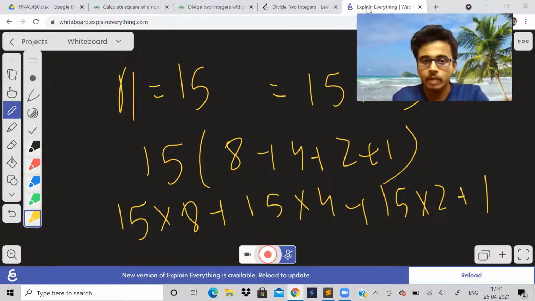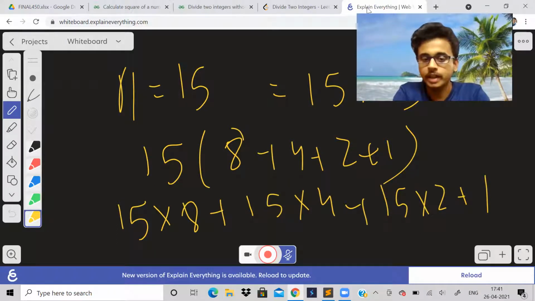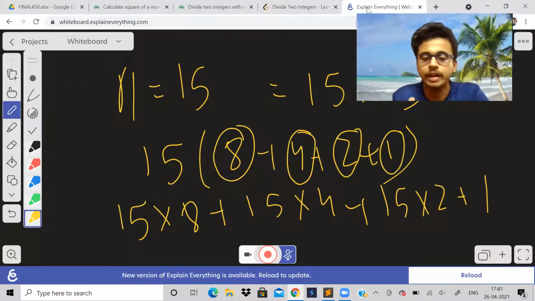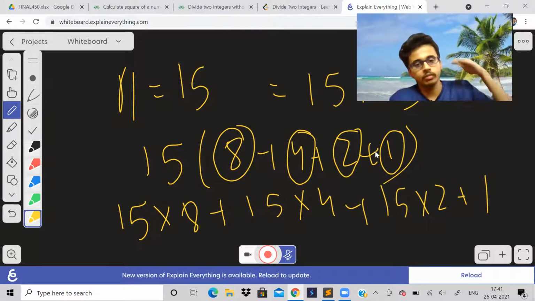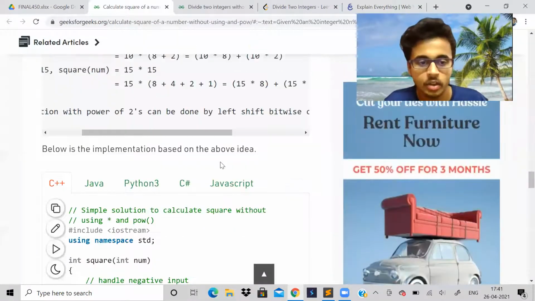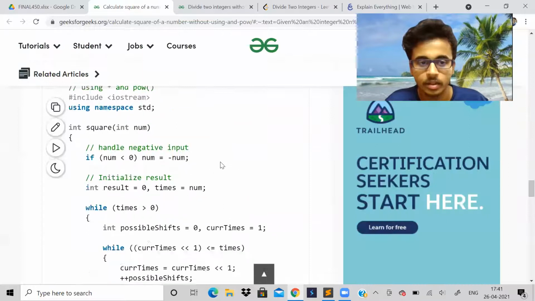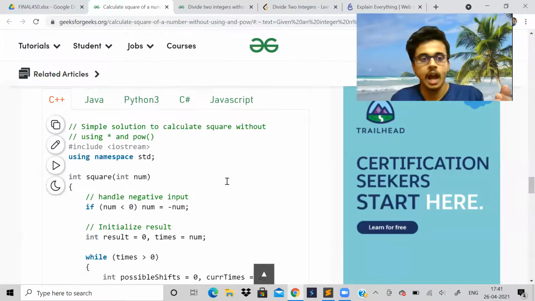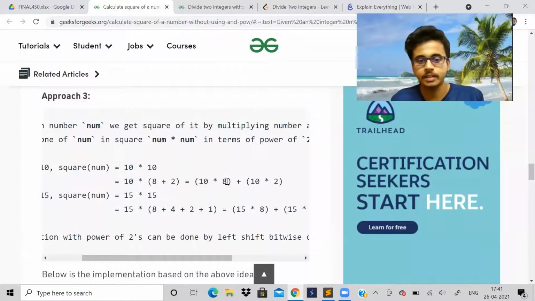So the problem now boils down to how to find these numbers. One of the approaches is given over here. I would first ask you to read this.